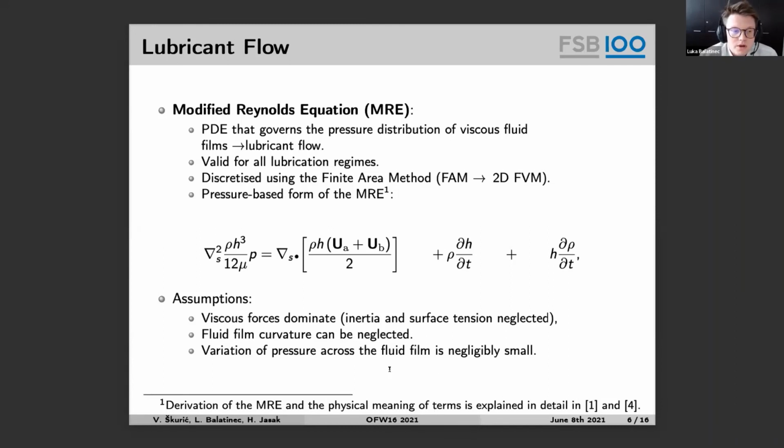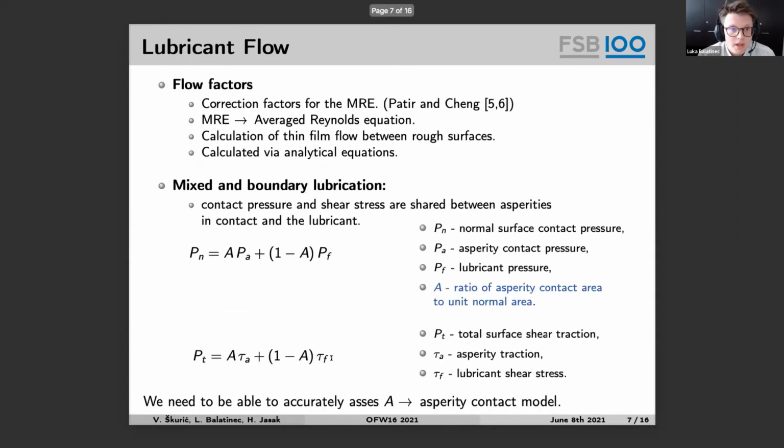So we had to take into account a few assumptions. Firstly, we assume that viscous forces dominate over the fluid body, meaning that both inertia and surface tension are neglected. Then any fluid film curvature can be neglected because the overall thickness of the fluid film is smaller than the width or the length of the film, and any variations of the pressure across the fluid film can be considered negligibly small.